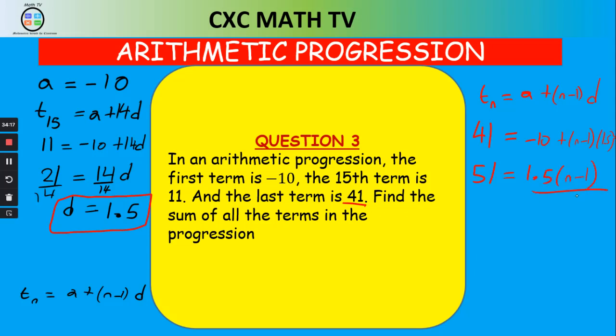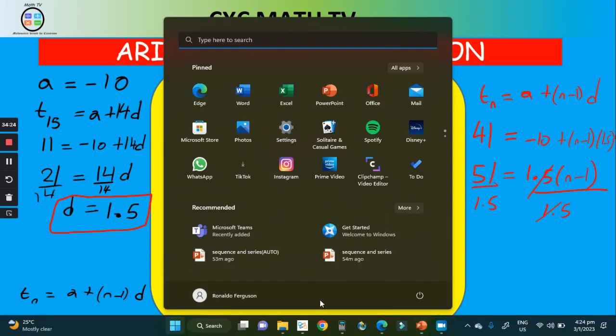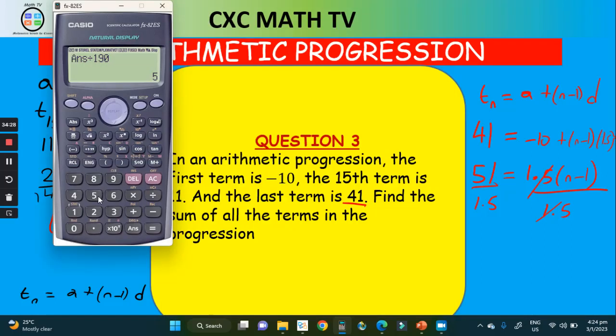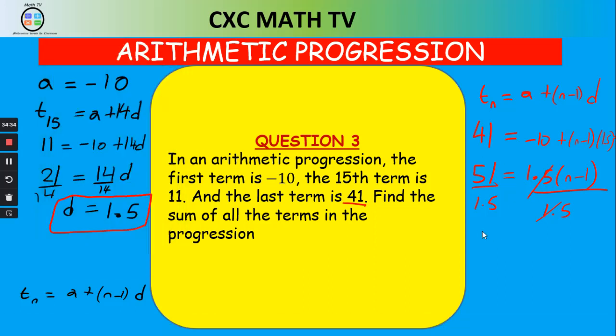Divide both sides by 1.5. Punch 51 divided by 1.5 into your calculator. We get 34. So 34 is equal to n minus 1. Add 1 to both sides, so n is equal to 35.